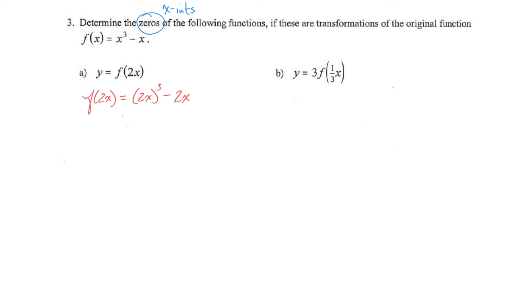Now, what we can do is simplify that expression, cube the 2x, so cube the 2, cube the x, and we come in on that red function. Now, the problem asked us to find the zeros, so that means make your function equal to 0. And now what we've built is an equation. And we could go through and solve that equation.